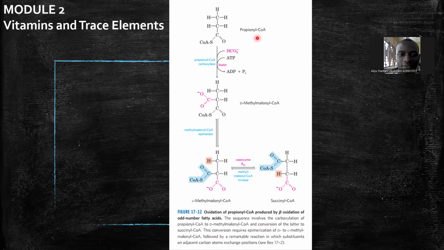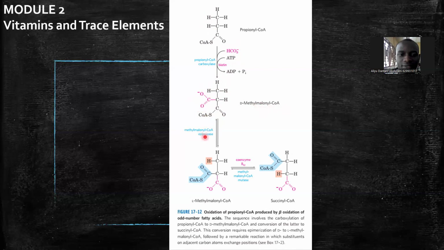The last 3 is propionyl-CoA. Propionyl-CoA is carboxylated by propionyl-CoA carboxylase, in the presence of ATP and bicarbonate, which produces ADP plus Pi, and then the CO2 component is added. You don't have this component here, but because of this carboxylation, due to the addition of bicarbonate, you have this, and this is now D-methylmalonyl-CoA.